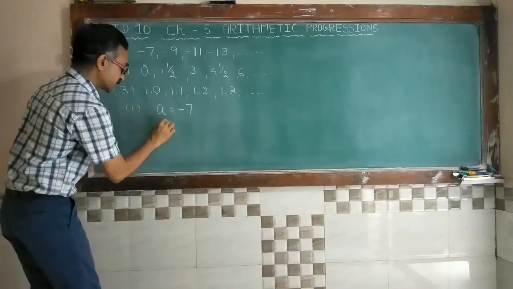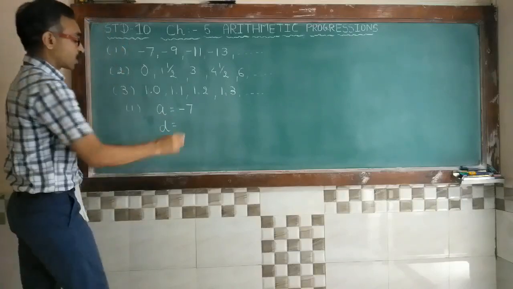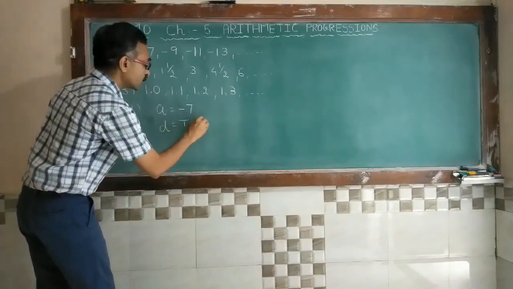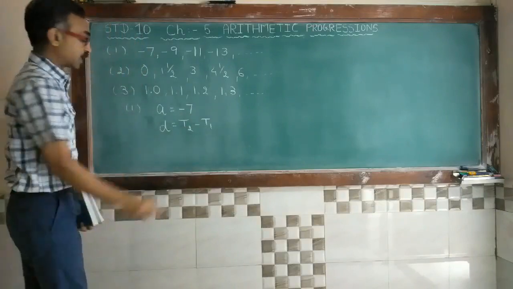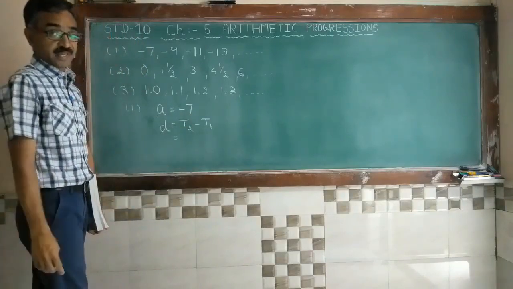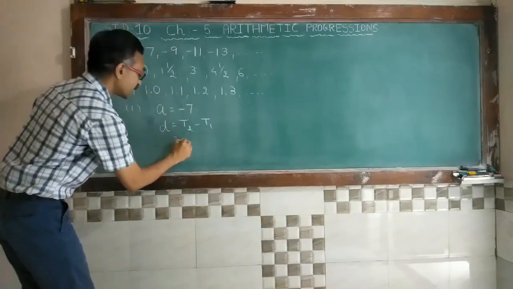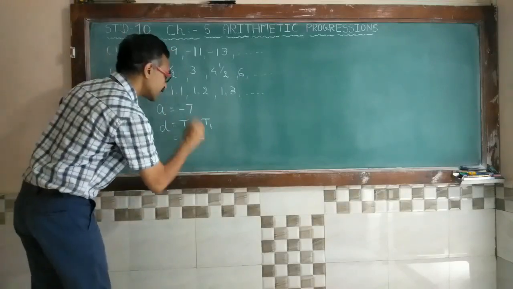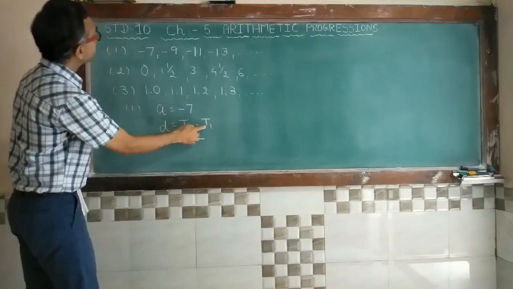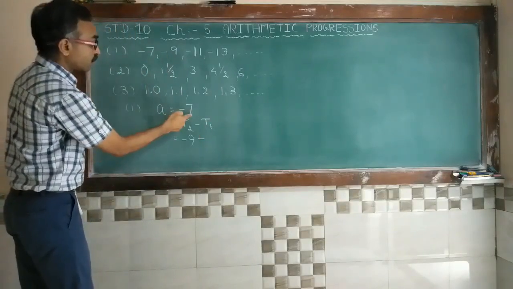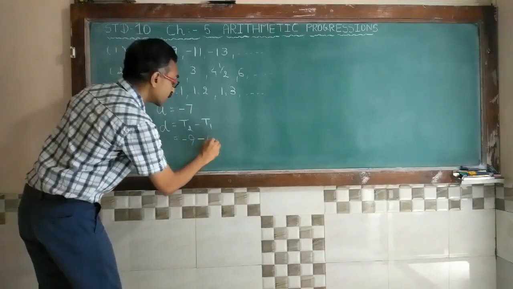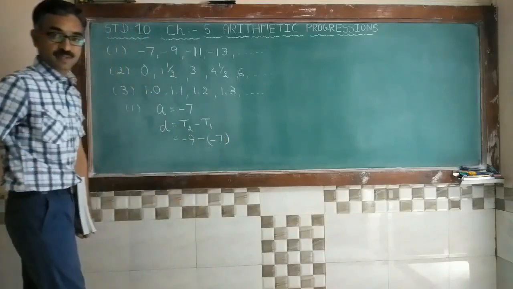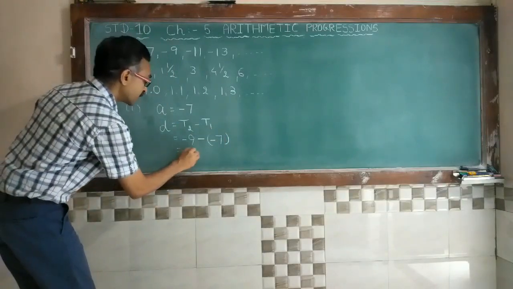Now common difference D. D is equal to T2 minus T1. Which is your T2, second term? Minus 9. And T1, which one is your T1? Minus 7. You have already written A is equal to minus 7. So into bracket minus 7. Now simplify it.